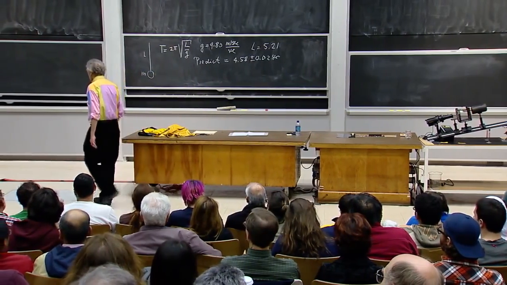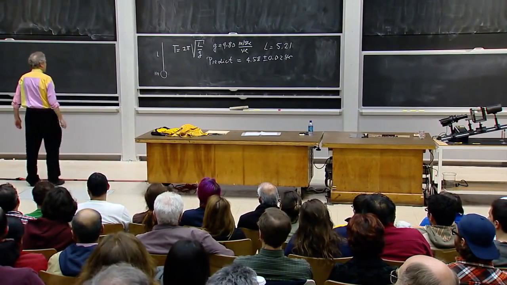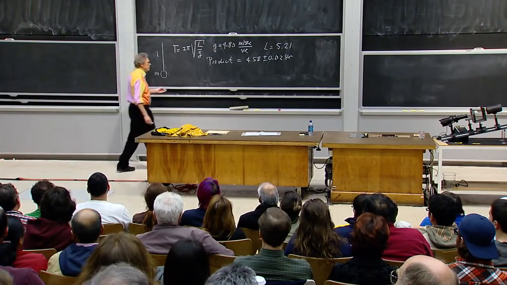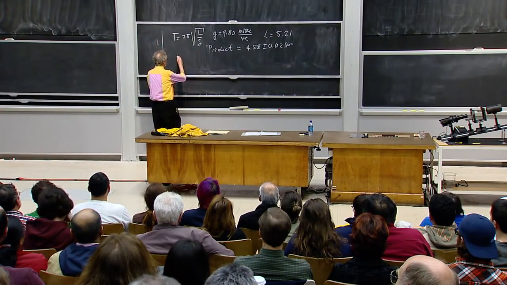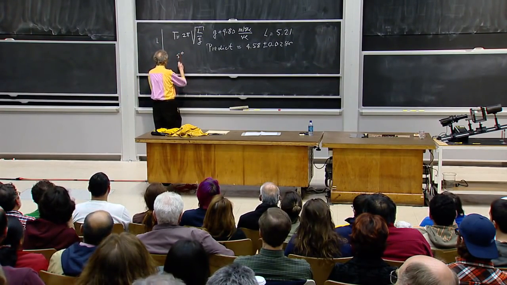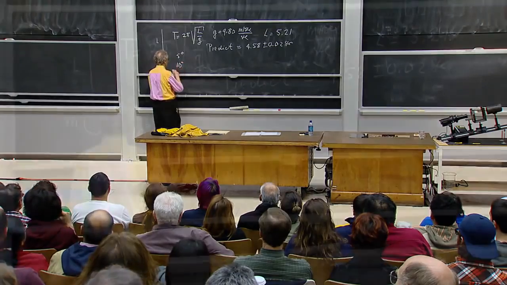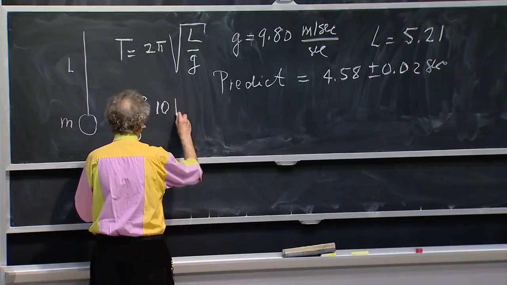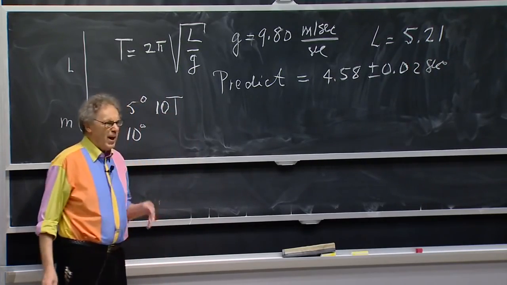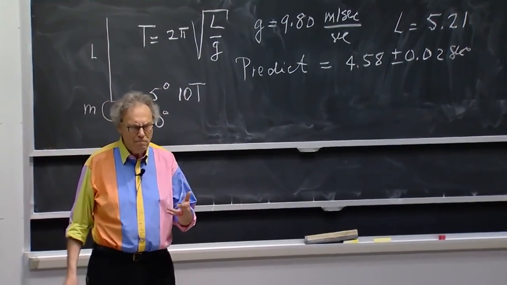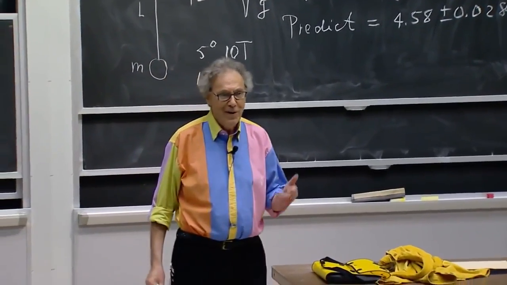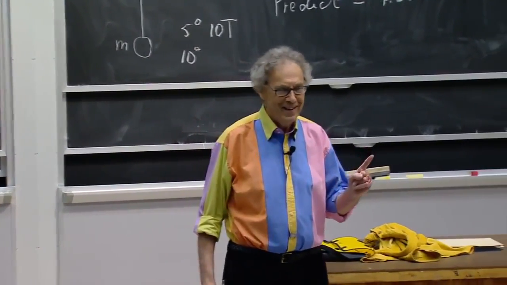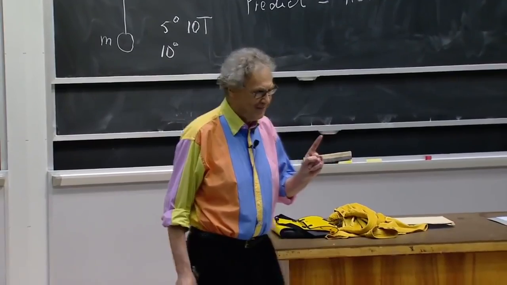So I'm going to first make a period measurement at 5 degrees and then at 10 degrees amplitude. And I'm going to measure 10 periods, not 1. Some of you may think, isn't that a waste of time to do 10 periods if you can get away with 1? You will very quickly see why it is 10.